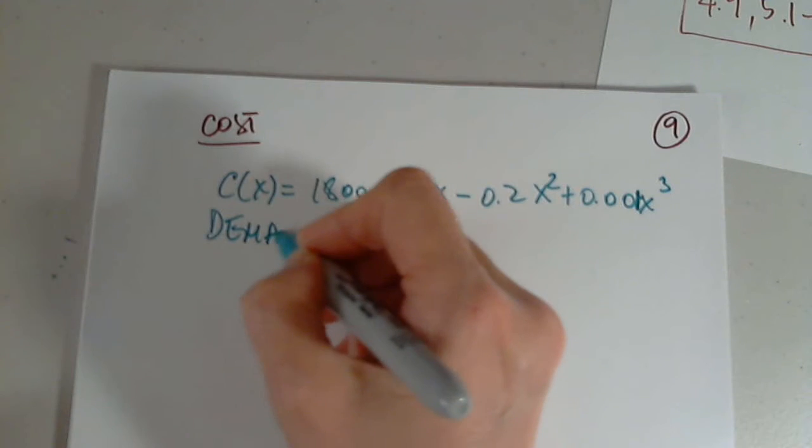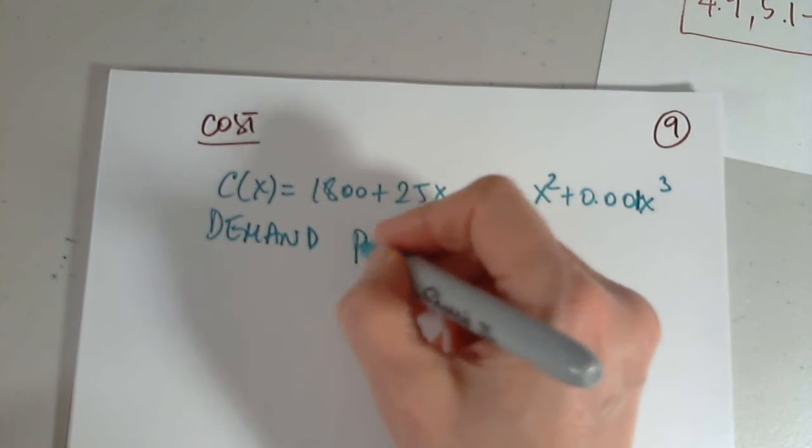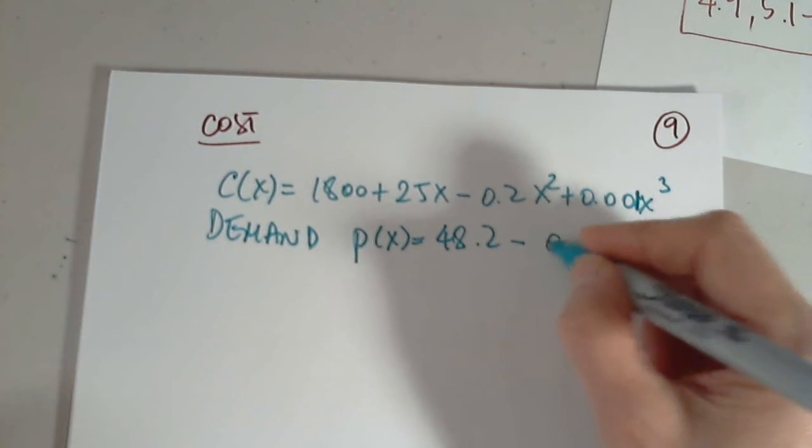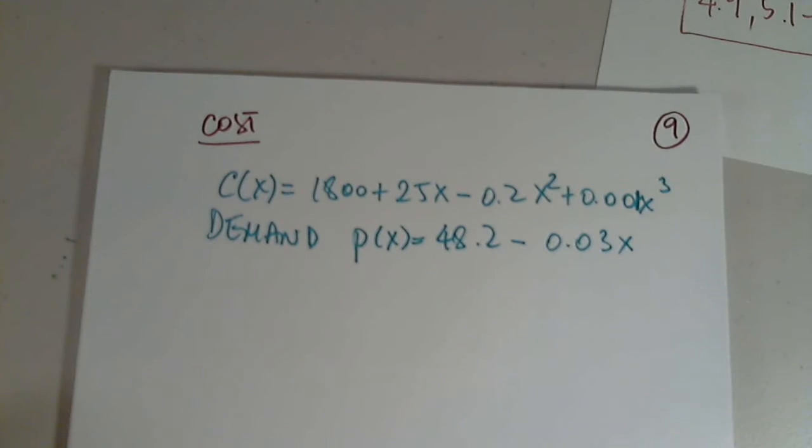And the demand function is P of X equals 48.2 minus 0.03x. Graph the cost and revenue functions and use the graphs to estimate. So that's not what we wanted. Use calculus to find the production level for maximum profit.